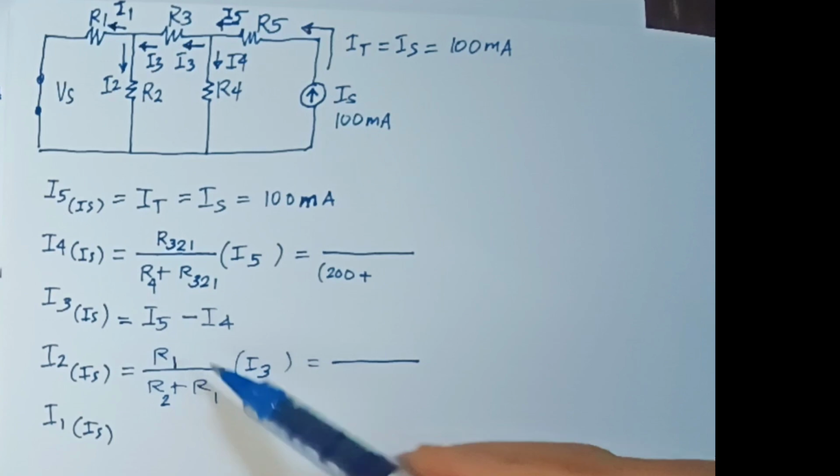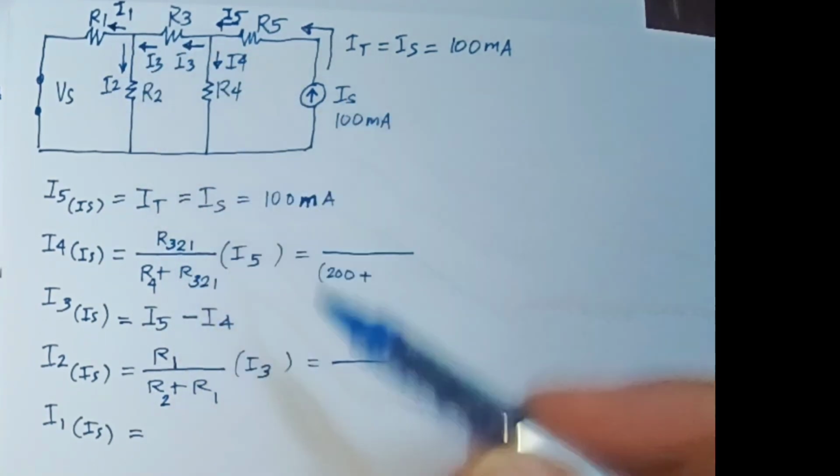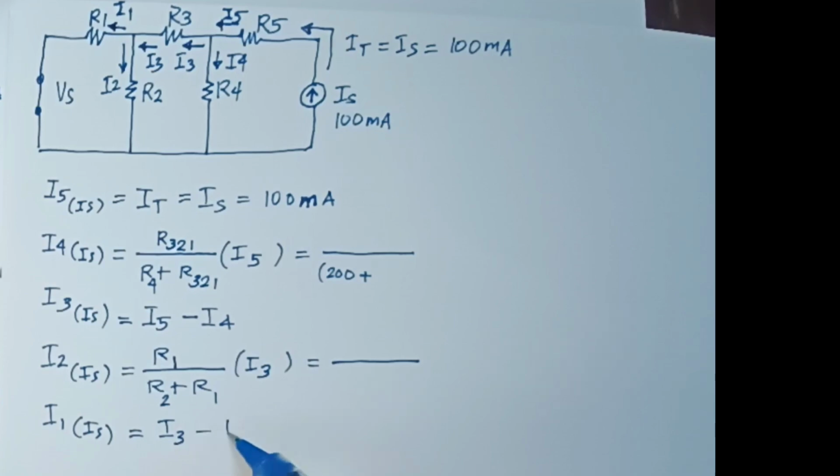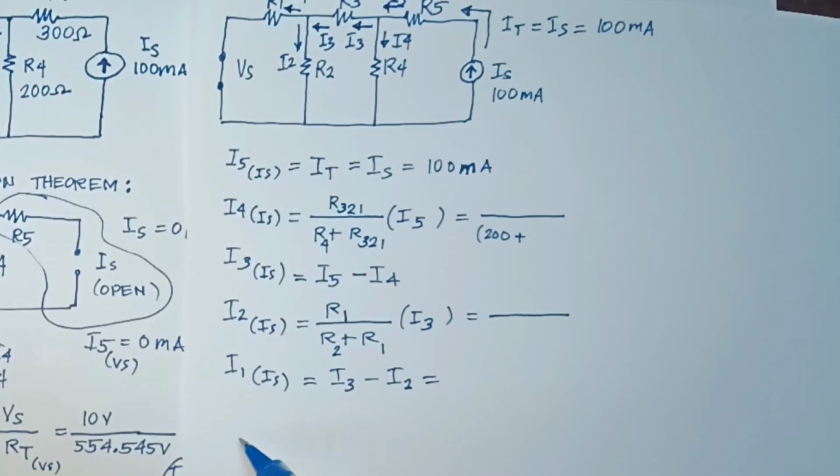And the current going in will be the I3. Then, finally, we have the I1, which will just be the difference between I3 and I2. Now, going back, we have to calculate the R321.